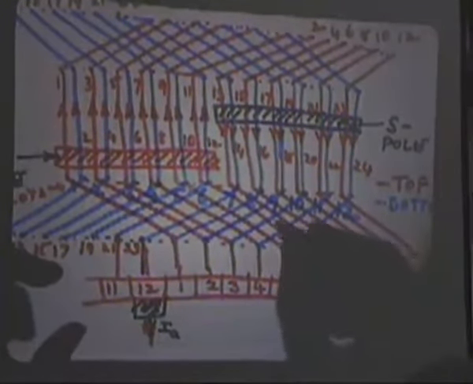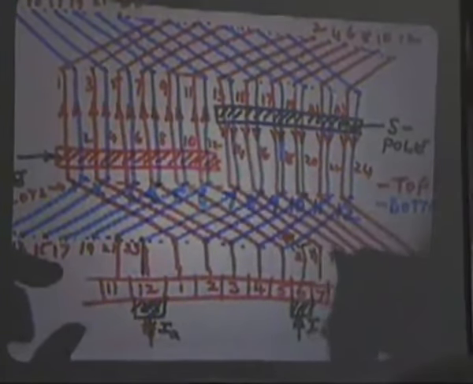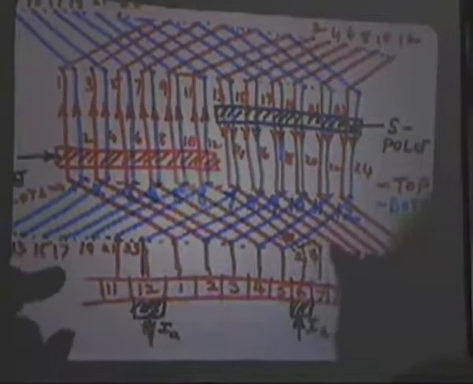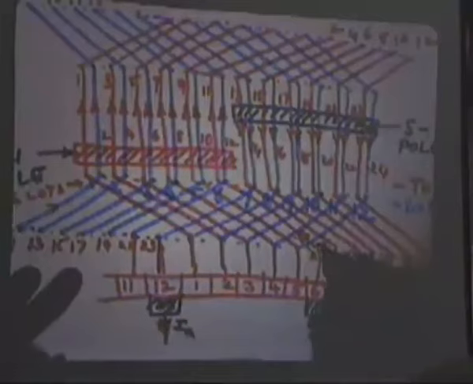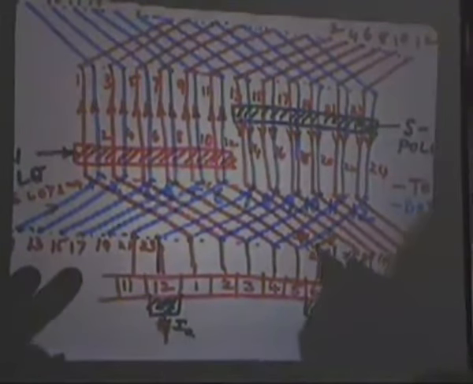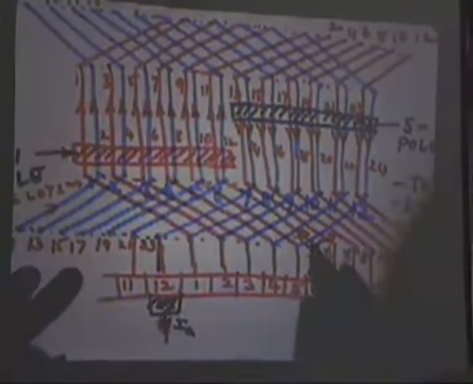So, current enters here in 10 and it is also entering in 2. That means in this junction the current is entering.